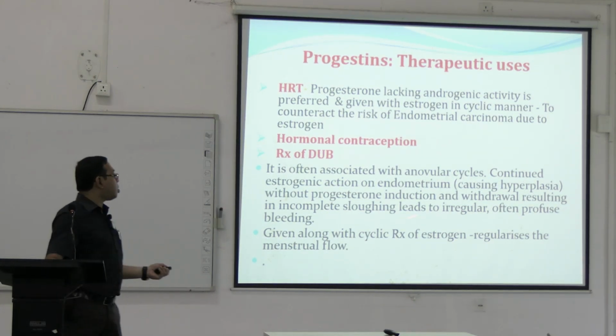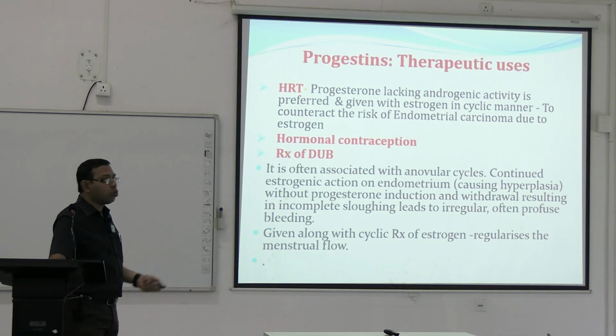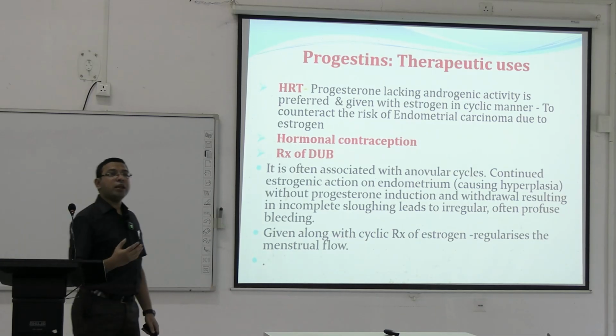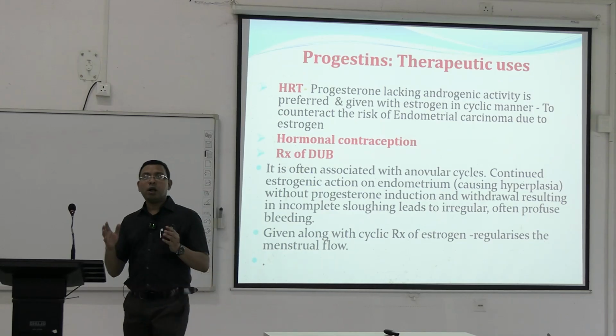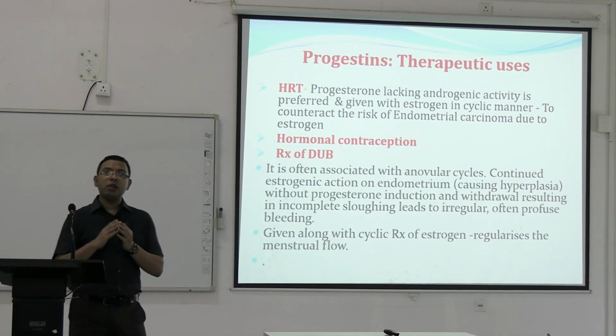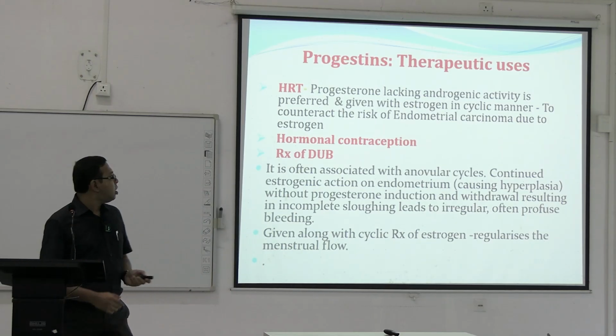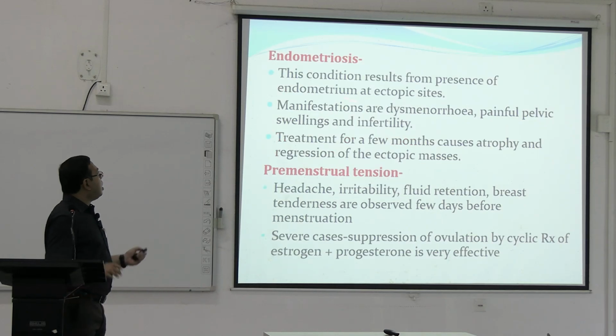In those cases there is continued estrogenic action on the endometrium without progesterone induction and withdrawal, resulting in incomplete sloughing that leads to irregular, often profuse bleeding. Progesterone given along with cyclic treatment of estrogen regularizes the menstrual flow. So if menstruation is not regular, or there is dysfunctional uterine bleeding, usually the combination of estrogen and progesterone is given to regularize the cycle. So this is another indication.